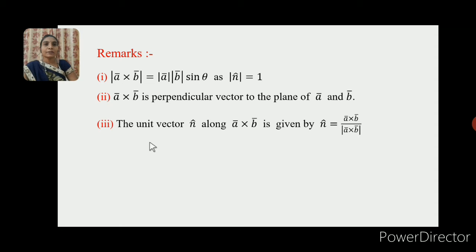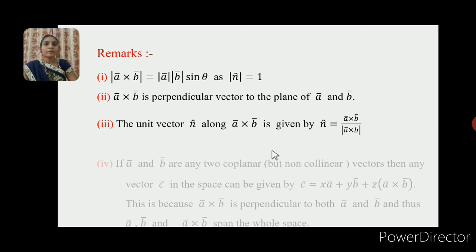Third, to find the unit vector n cap along A bar cross B bar, the formula is n cap is equal to A bar cross B bar divided by magnitude of A bar cross B bar.